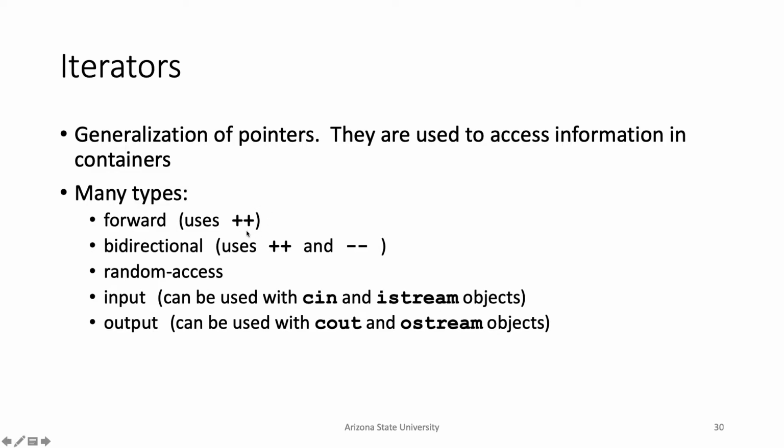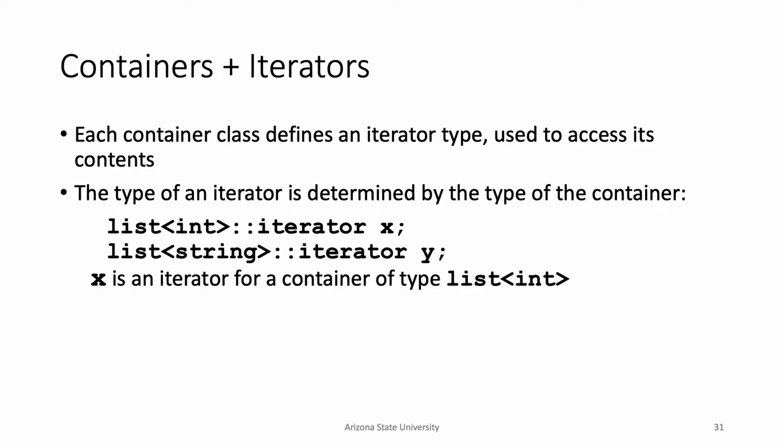So an example of a container that has a forward iterator is a list. Bidirectional is a deque, and random access is a vector. Input and output, we didn't really talk about these, but they are used there also. If you are reading from a file, you're using an iterator there also.